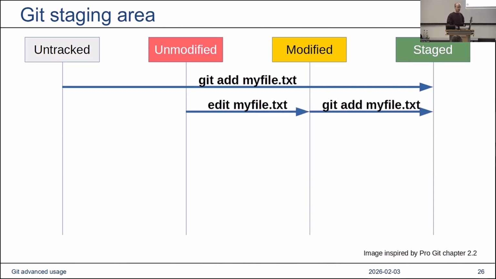Also, if you already have a file under your version control, you can edit it, and then it will first become modified, which we've seen on the slide before. And then you can once again type git add to mark it staged for commit. And then when you actually commit a file, well, then you once again move back to the unmodified state because, well, then there are no pending or no uncommitted changes. So these are kind of the most common things that you use.